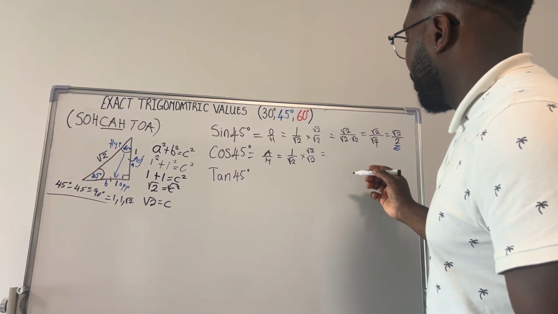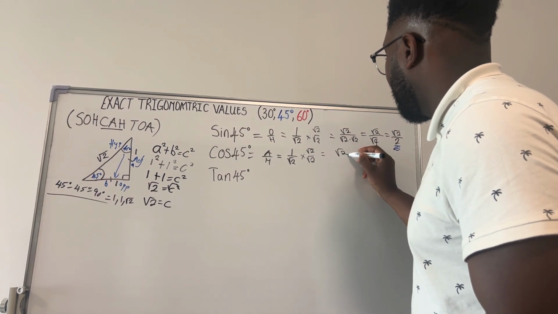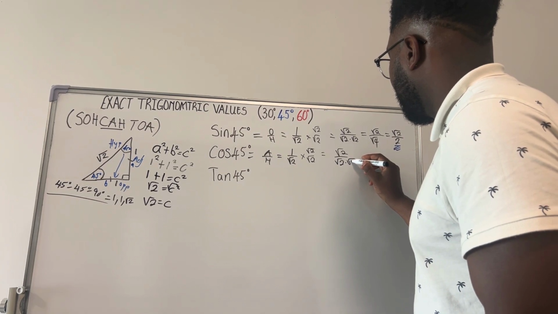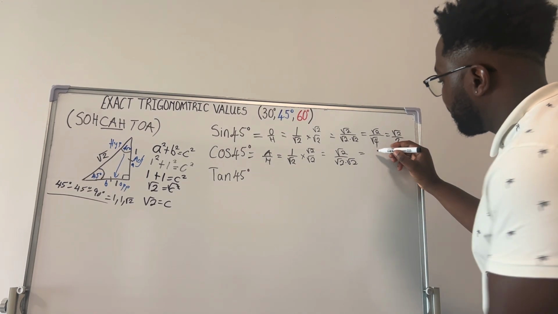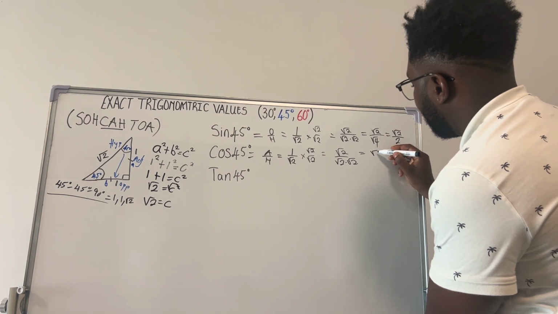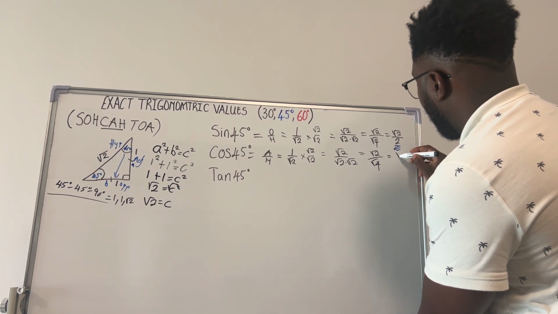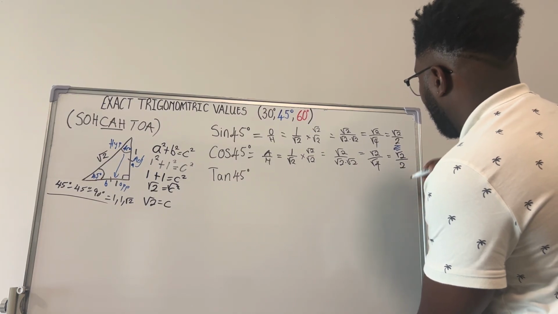That gives us the square root of 2 over the square root of 4, which is 2.